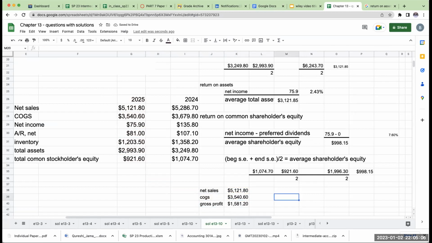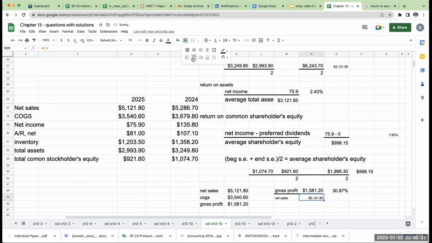So over here, it's going to be my gross profit divided by my net sales. And this is going to be my gross margin. So for every dollar I'm making on sales before SG&A, my profit margin is 30%.